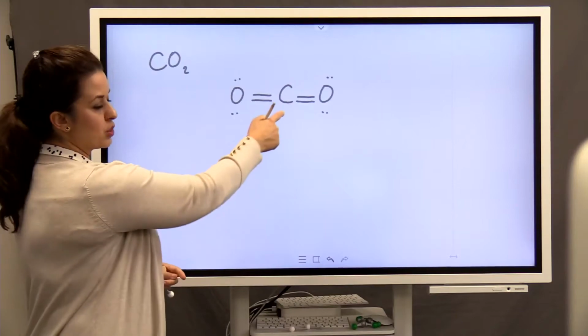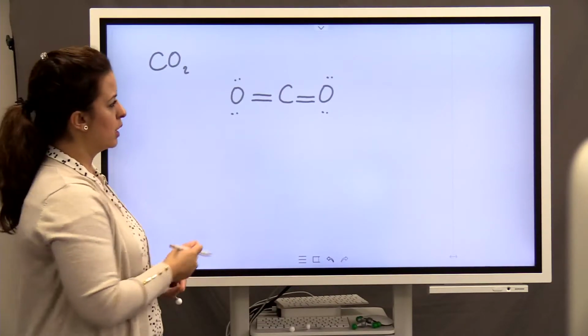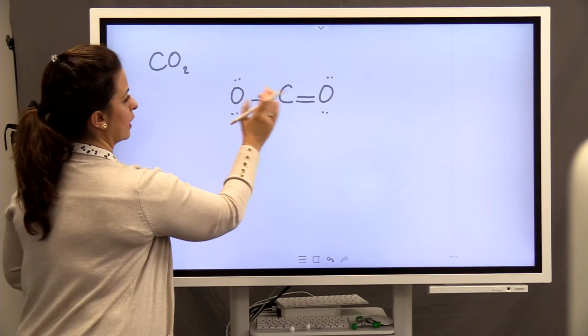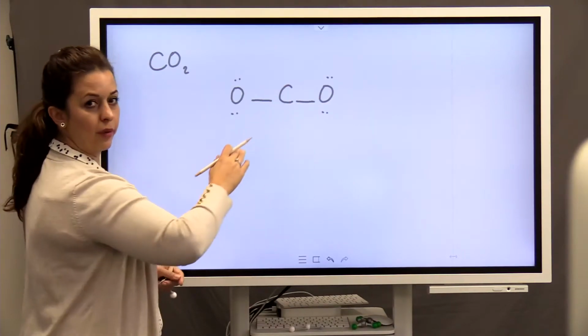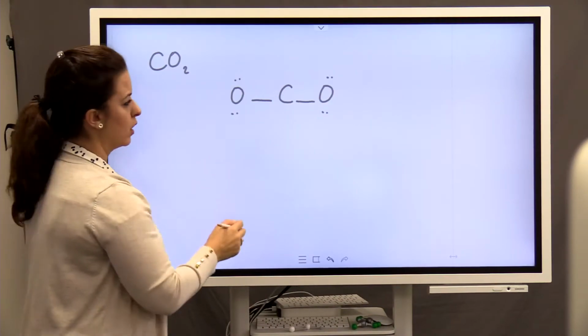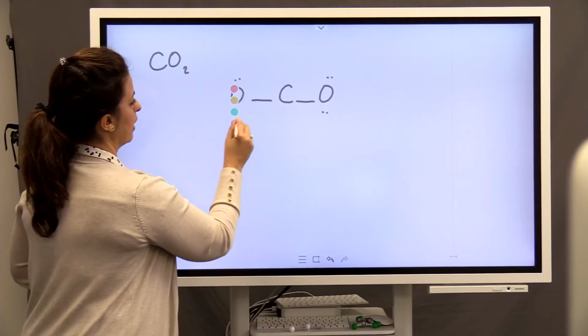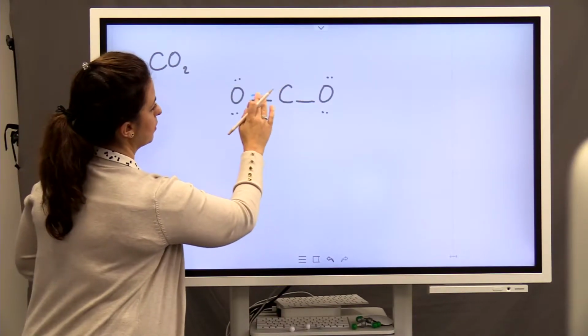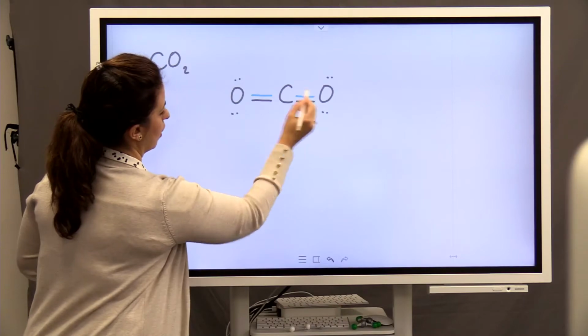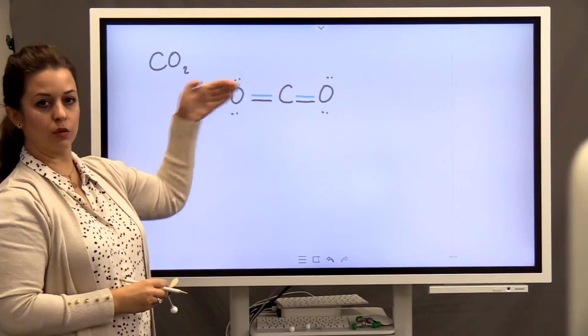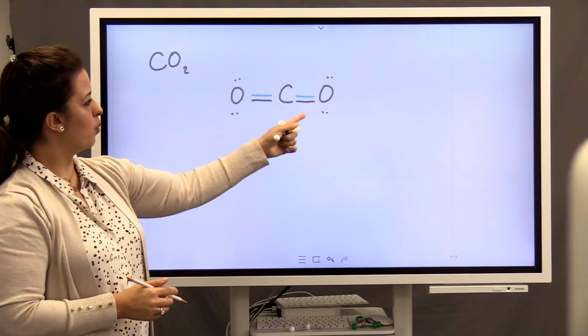So whenever you want to determine the shape of this molecule, simply ignore these double bonds, okay? So let me draw it with different color. Just ignore these two blue bonds.